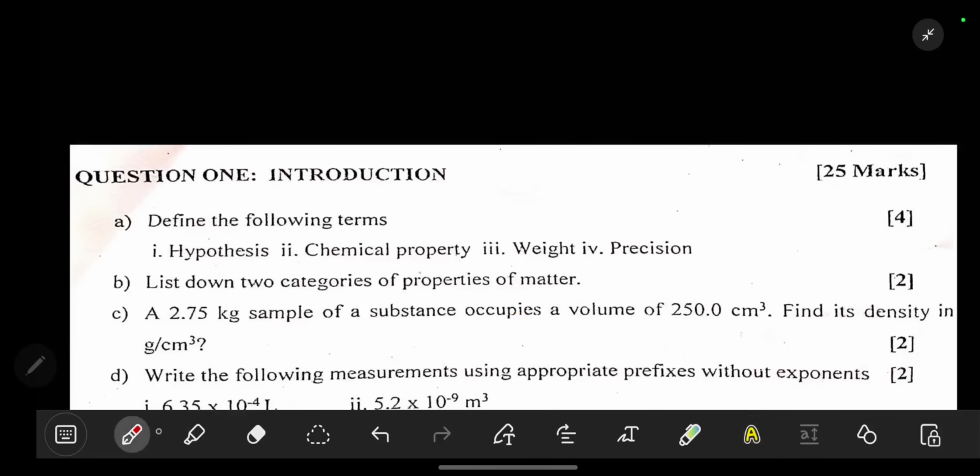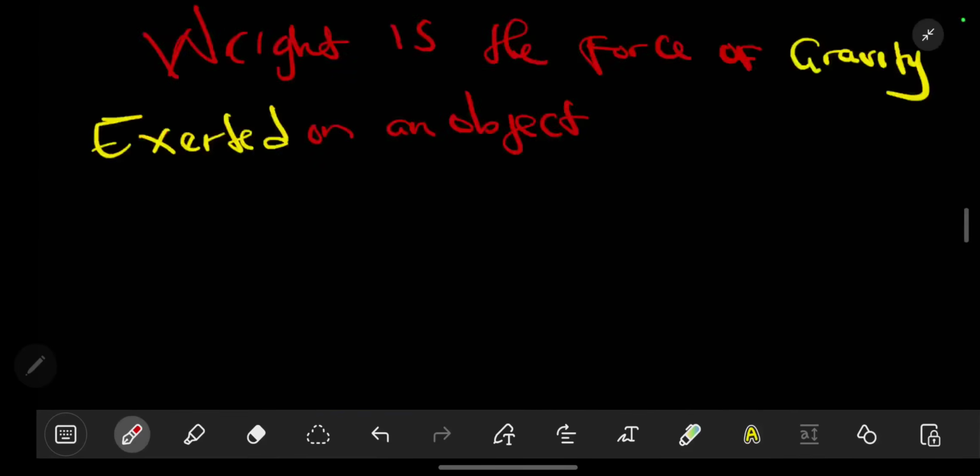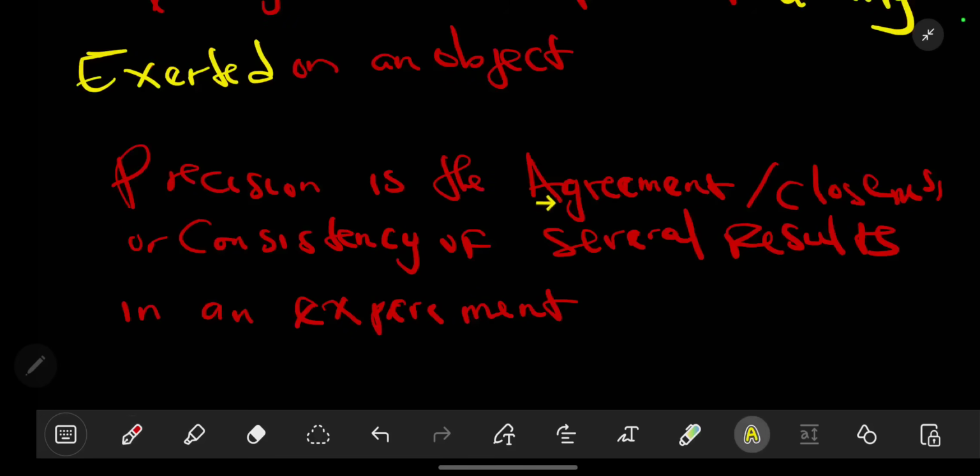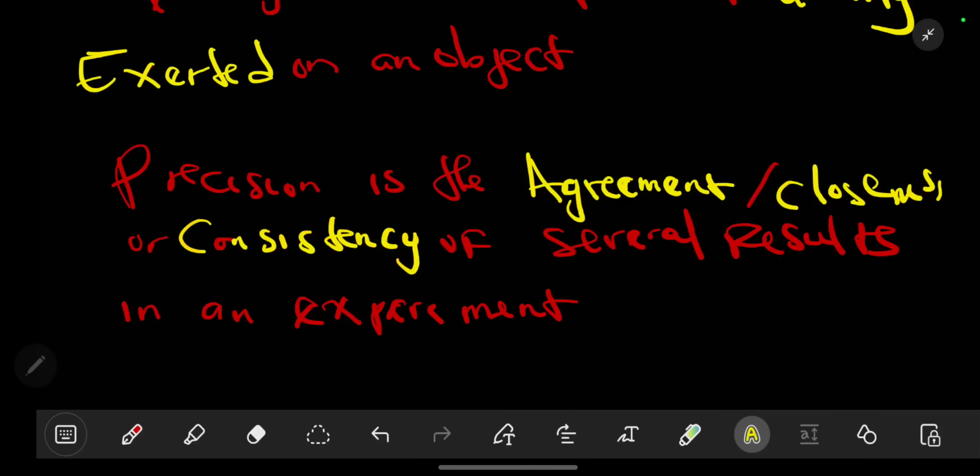So we have precision. The definition of precision, we are just going to say precision is the agreement or consistency of several results in an experiment. So we are looking at precision. It is the agreement, that's number one. It is also the closeness, that's number two. And number three, the consistency of several results in an experiment.